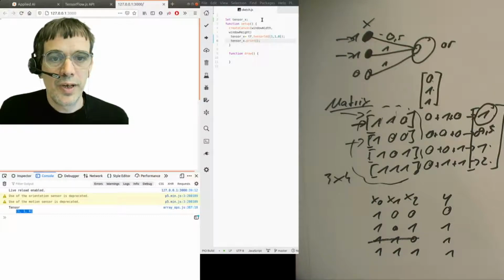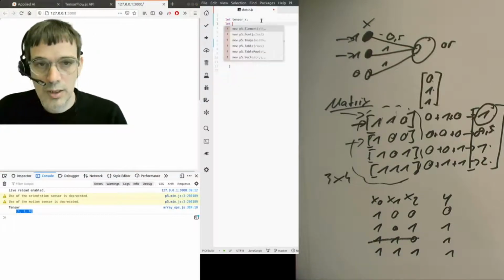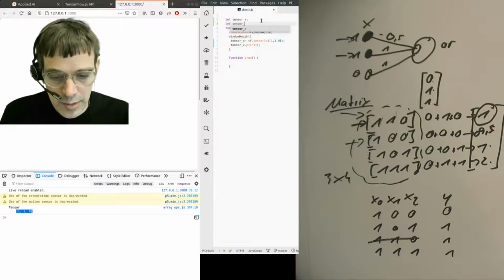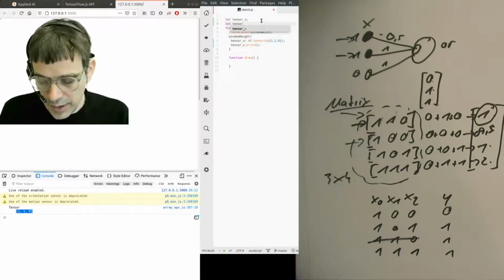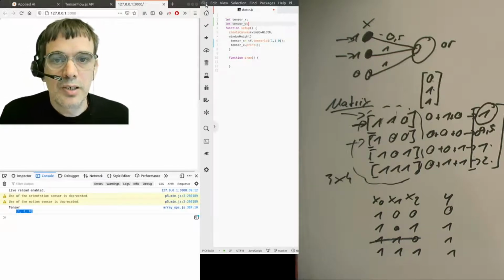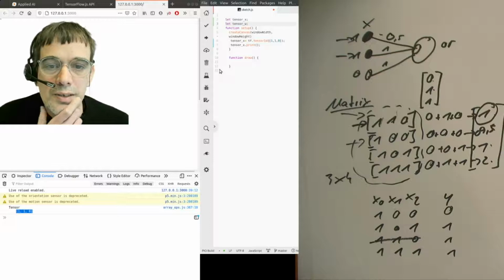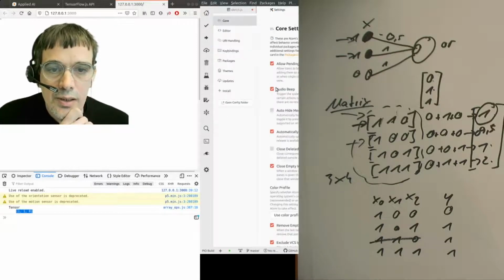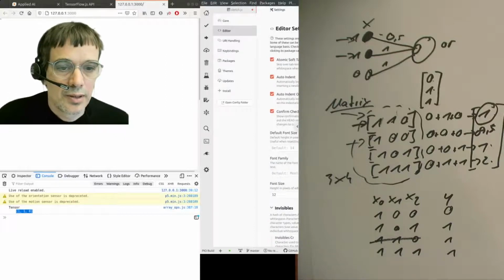Next thing is to define our weight vector. I realize maybe for better readability, I should quickly increase the font a little bit.